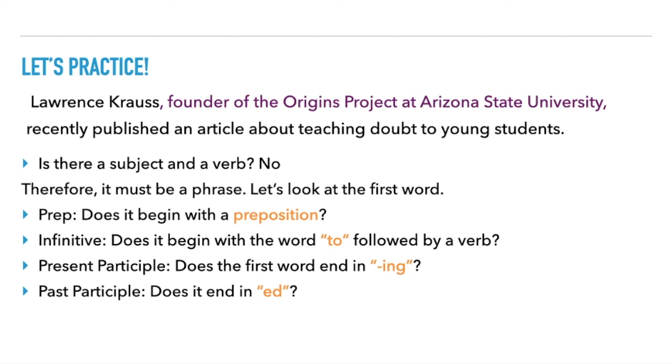We have an er there. It looks very similar, but it doesn't appear to be a past participle phrase. So lastly, it must be an appositive. And does it restate the noun? Yes. Founder of the Origins Project at Arizona State University describes or restates who Lawrence Krauss is. And so there we go. We've found the answer. So let's try another one.